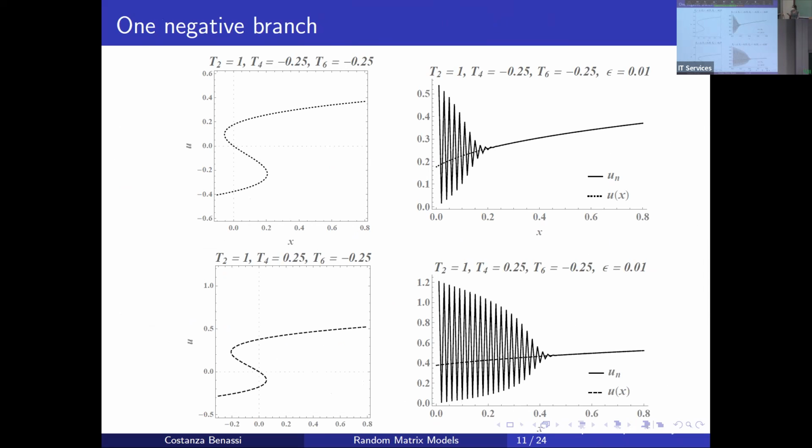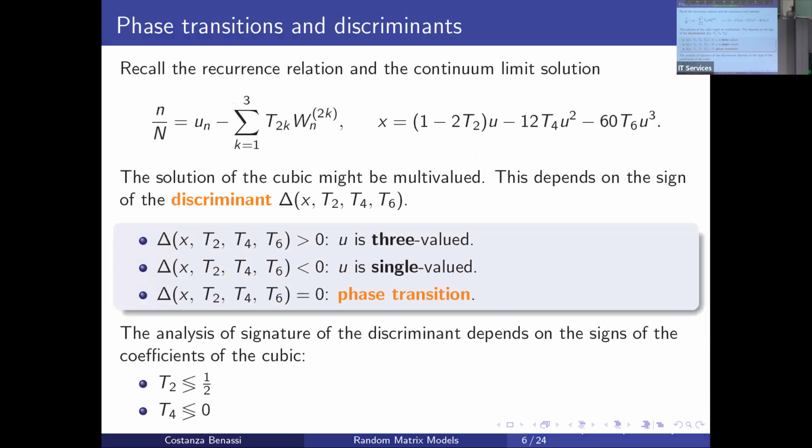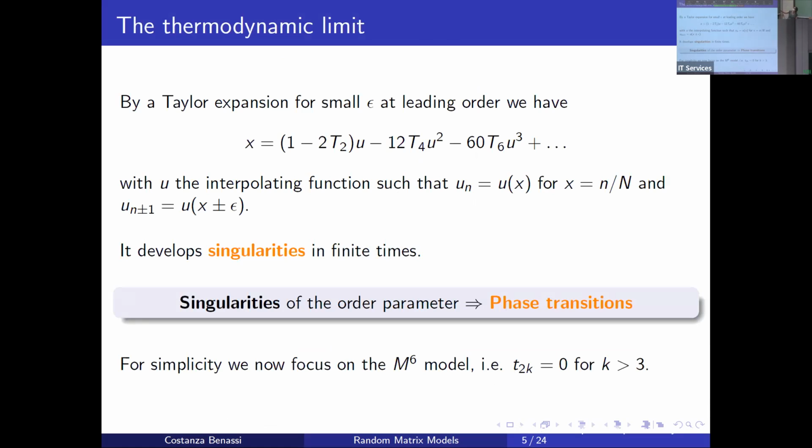And there are regions where you don't have a shock, where we would expect a shock just based on the equations. But I'm not going to go into that. The point is that it all depends on the signs of the coefficients of this cubic, basically. Panos, feel free to unmute yourself if you would like to.